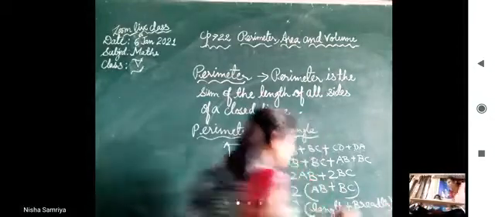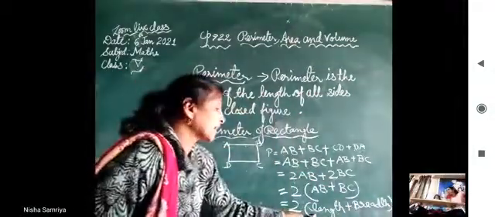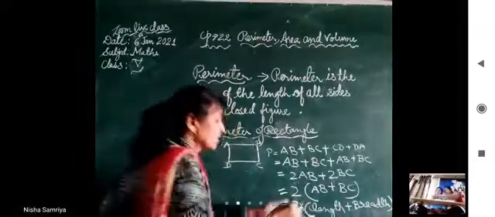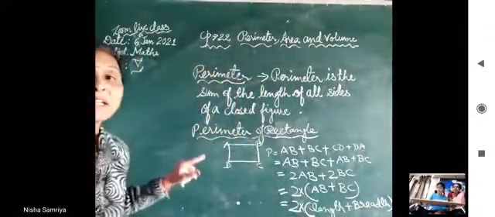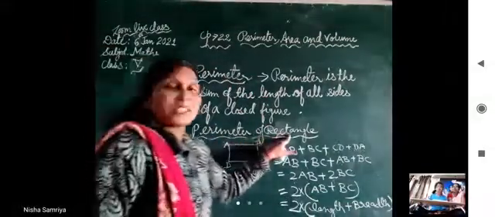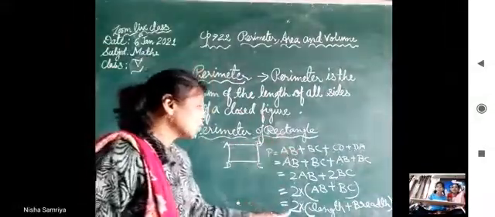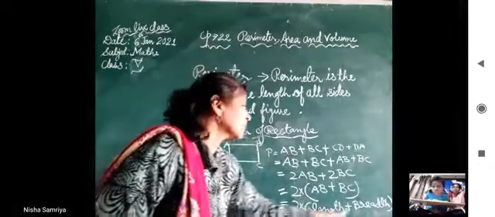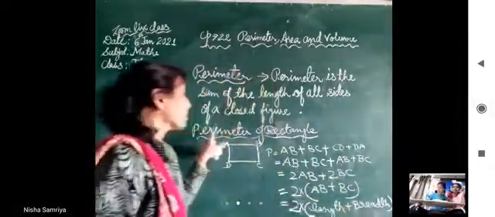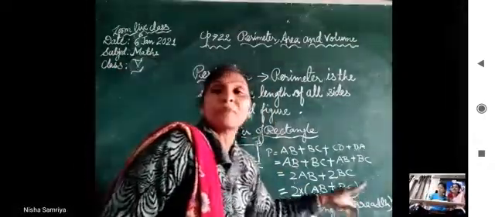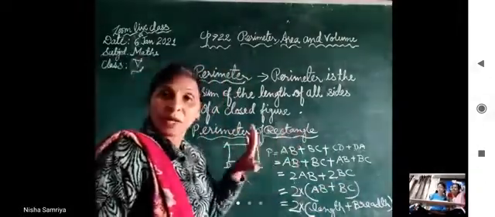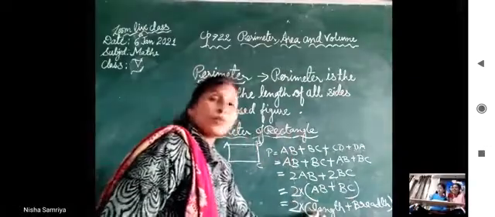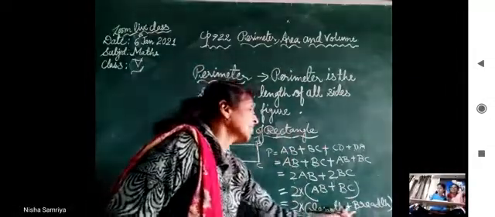We write 2 bracket means यहाँ क्या है, multiply length plus breadth. The perimeter of rectangle is 2 multiply length plus breadth. Clear? तो perimeter of rectangle का formula क्या हुआ, that is 2 multiply length plus breadth.